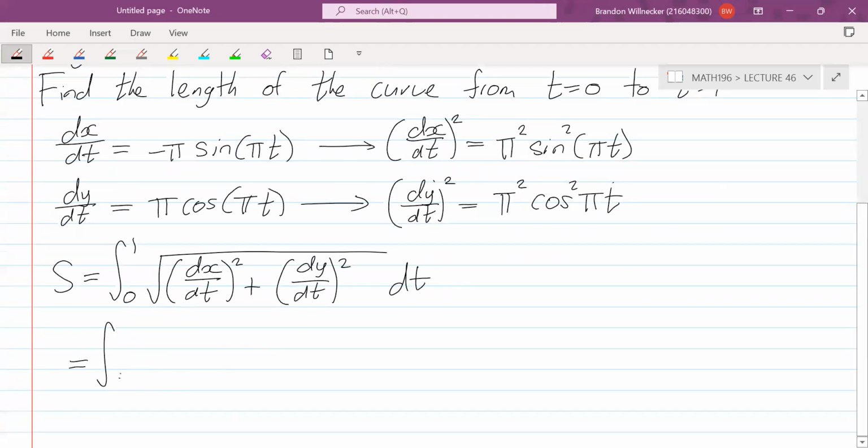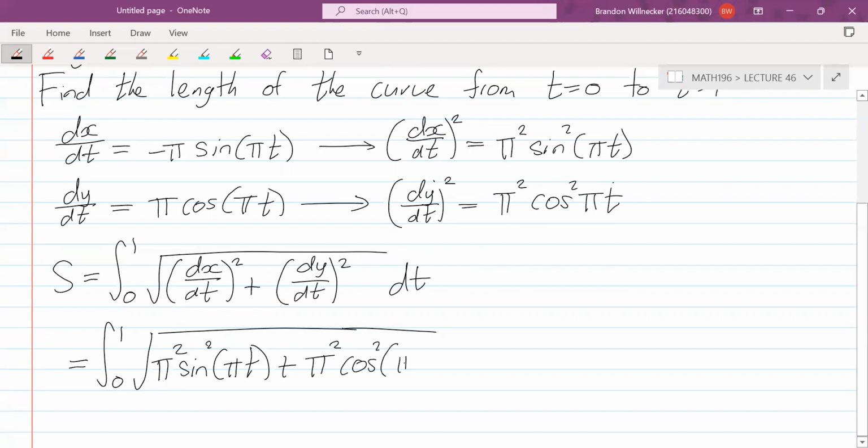That's going to be the integral from 0 to 1, square root of dx by dt squared, which is pi squared sine squared pi times t, plus dy by dt squared, which is pi squared cos squared pi times t, integrating with respect to t.